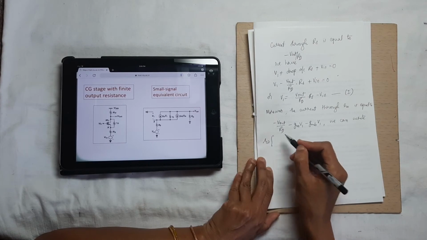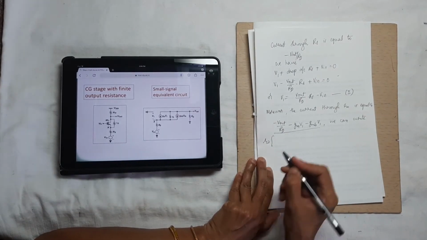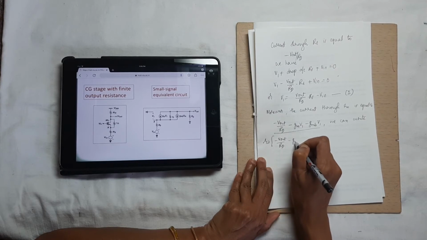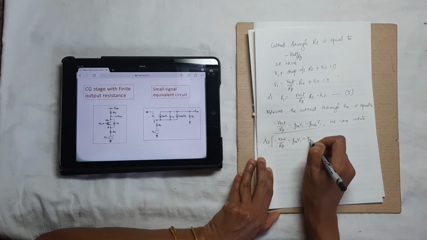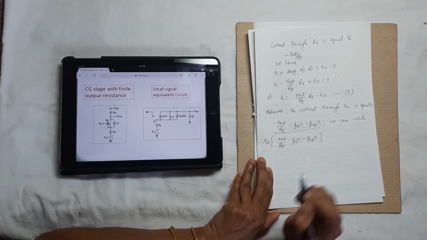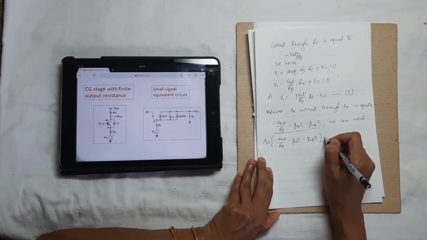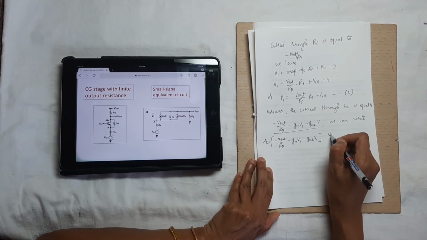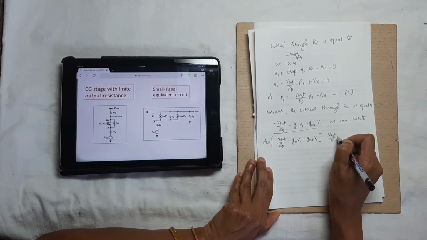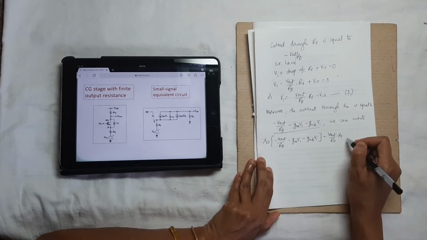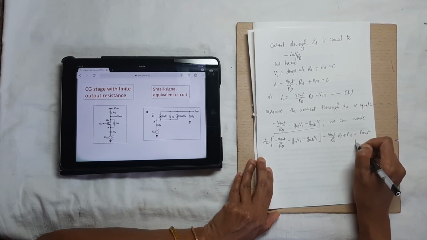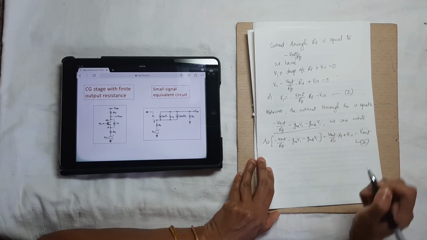Now RO multiplied by the current through RO, which is minus V out divided by RD minus GM V1 minus GMB V1, minus the drop across RS, the current through RS, which is minus V out by RD multiplied by the resistance RS, plus V in, is equal to V out. Let us mark this as equation number 2.